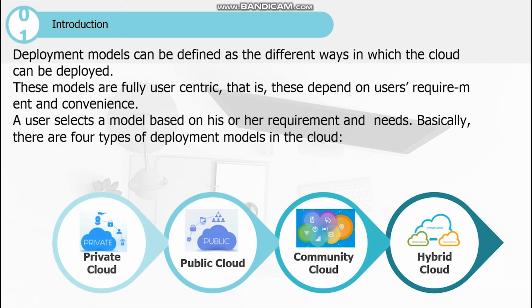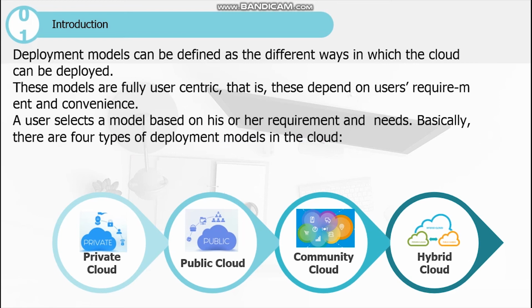The classification of these clouds is based on several parameters such as the size of the cloud, the type of service provider, the location, the type of user, security, and other issues.